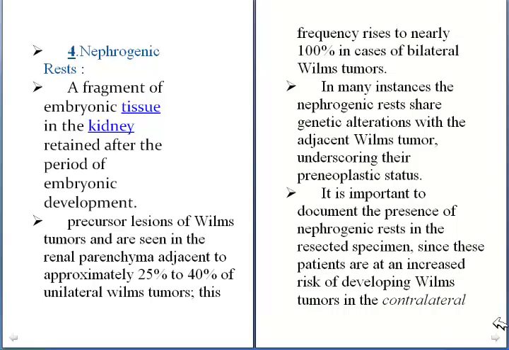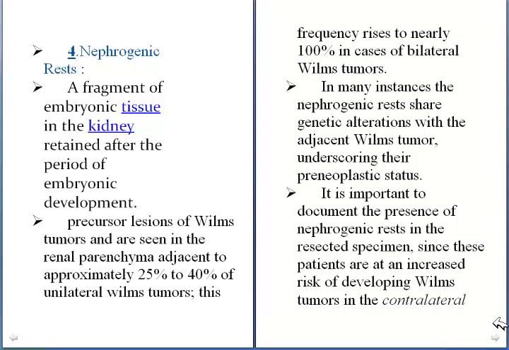And the fourth group of recognizable disease that has a very strong association with Wilms tumor is the nephrogenic rest. Now, these are the fragments of the embryonic tissues that are present in the kidneys and are retained after the period of embryonic development.